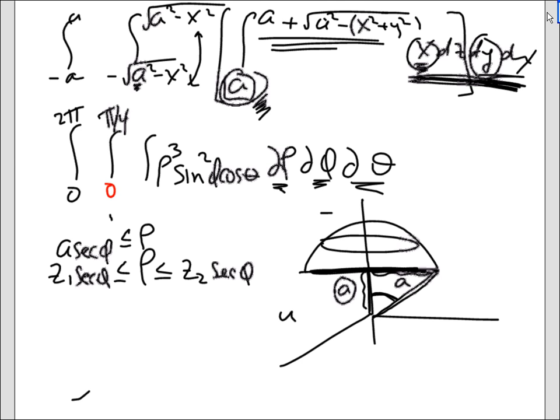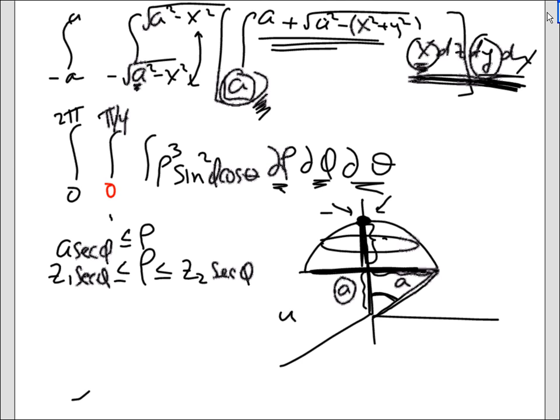Now, what's the upper value for z? Well, the largest point I see here on this graph is right here. Now remember, this here is a radius.